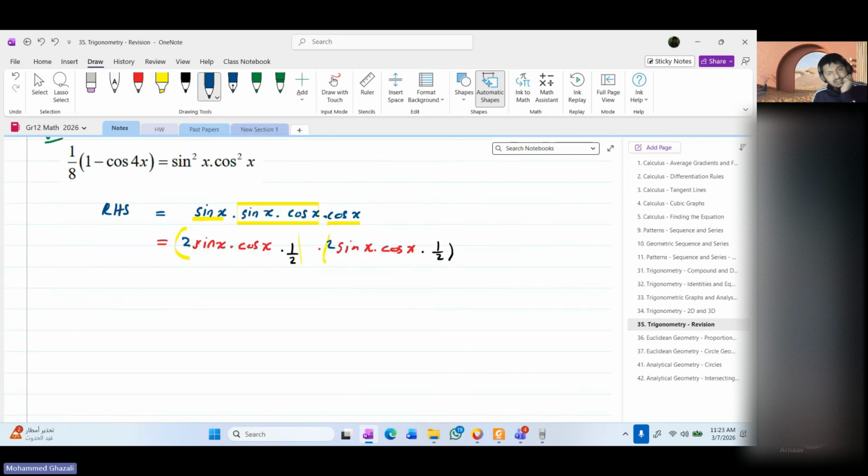But what you know is that 2 sine x cos x will become sine 2x, and this one over here will become sine 2x. That will become a quarter sine squared 2x, okay? A quarter sine squared 2x.